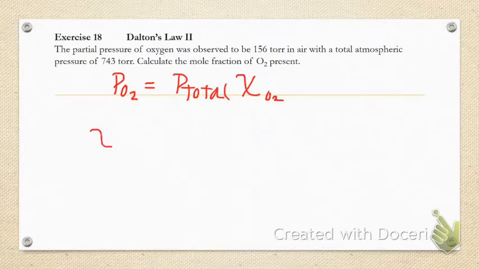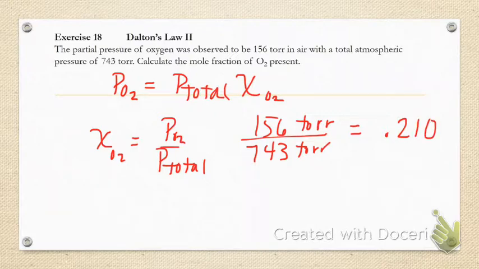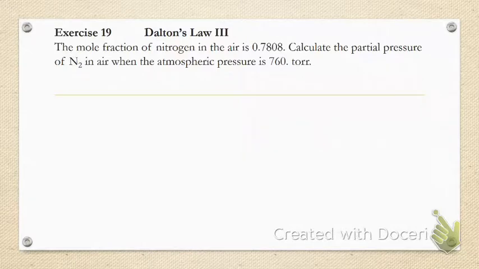To solve for XO2, we would just do PO2 over P total, part over whole, right? So 156 torr over 743 torr. Our mole fraction would be 0.210. No units on a mole fraction. We'll do one more mole fraction problem and then we'll keep going.